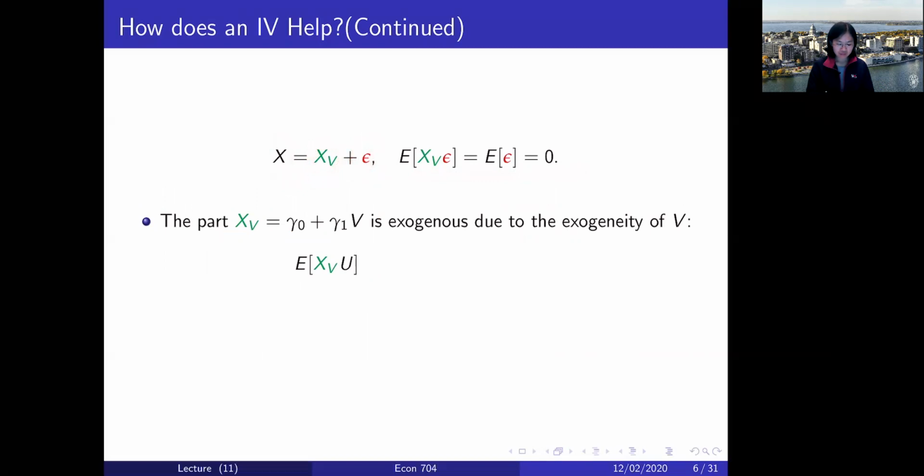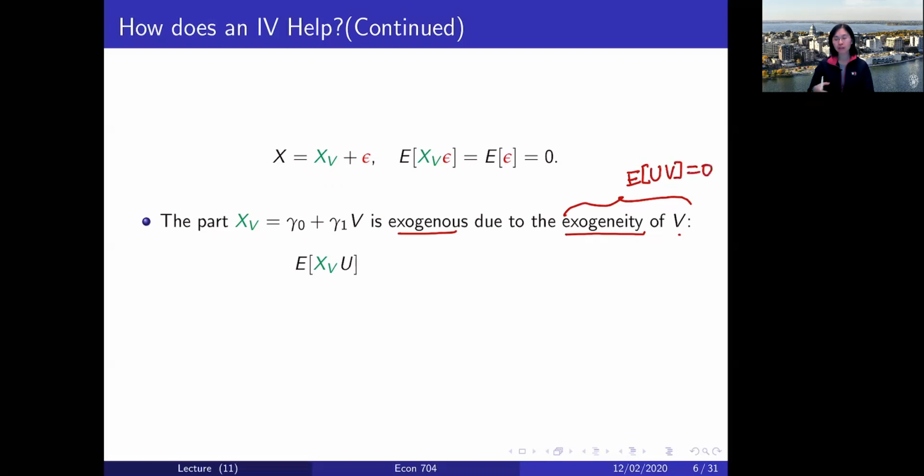As you can see, x_v is a linear function of v, and v is exogenous, meaning that v is not correlated with the error term in the y equation. That is assumed from the very beginning. We assumed that we had a random variable v that satisfies the exogeneity condition, E u v equals 0.